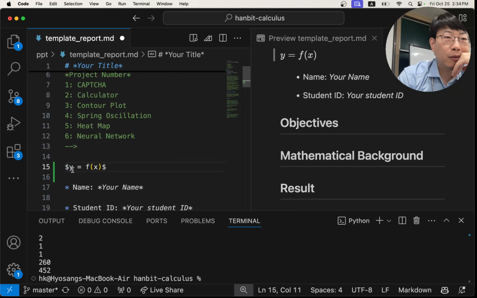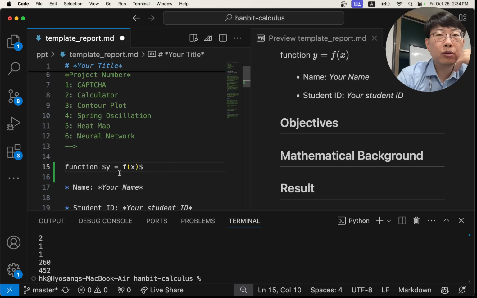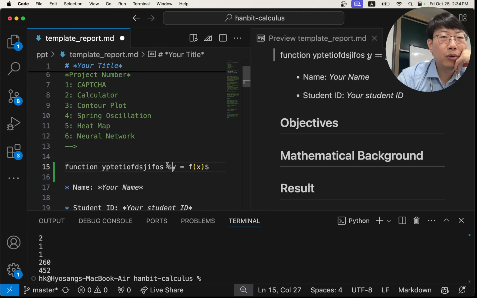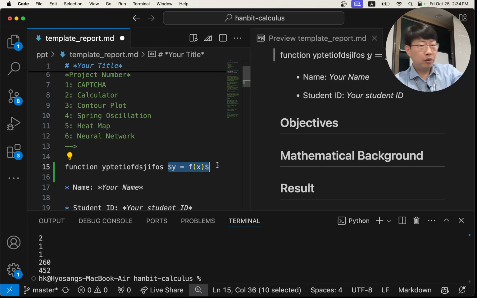If you put y equals f of x as your formula, then you can do an inline formula using this. I'm showing you that you can put your inline formula in your sentence using this $ symbol.